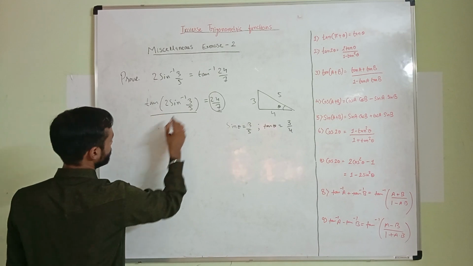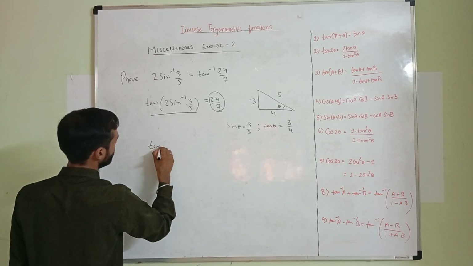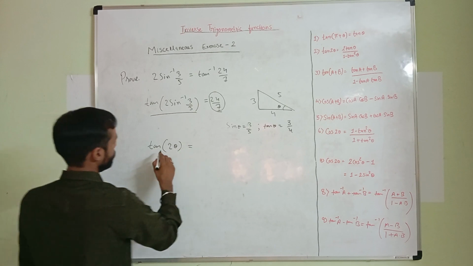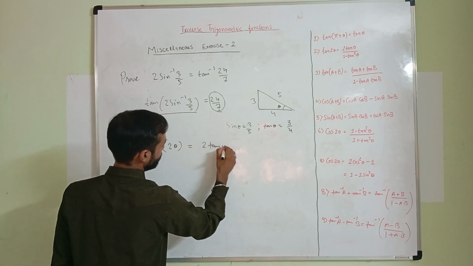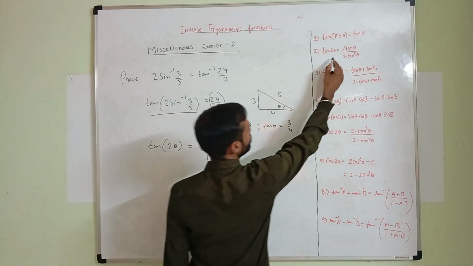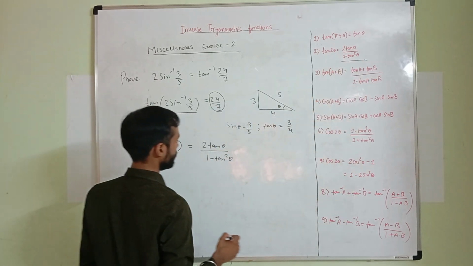Now in place of sine inverse 3 by 5, we place theta, so this will become tan of 2 theta. Now we use tan 2 theta equals 2 tan theta upon 1 minus tan square theta.